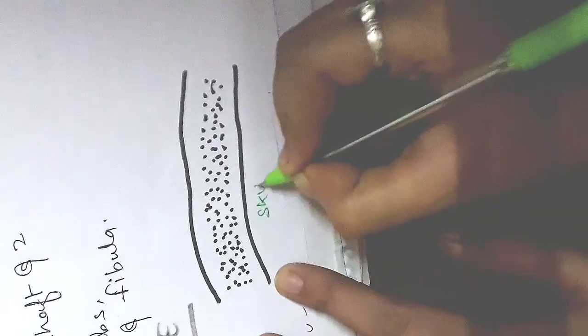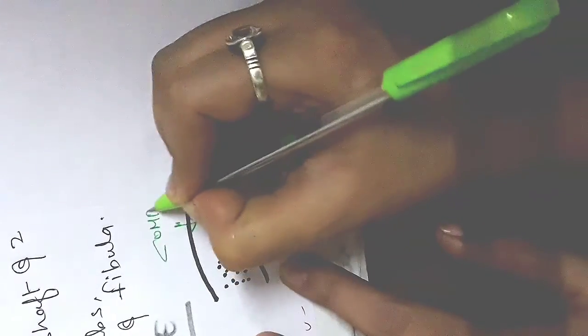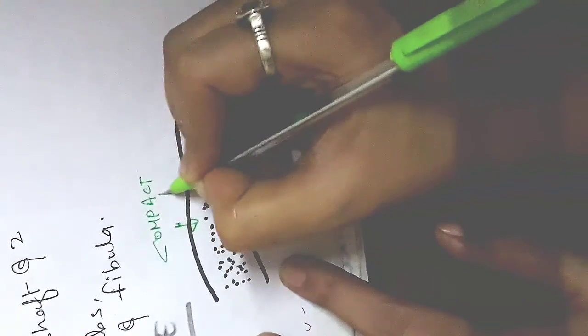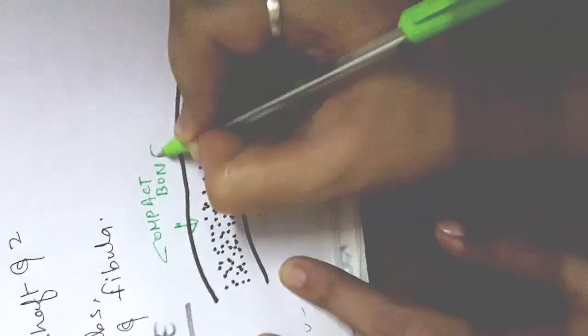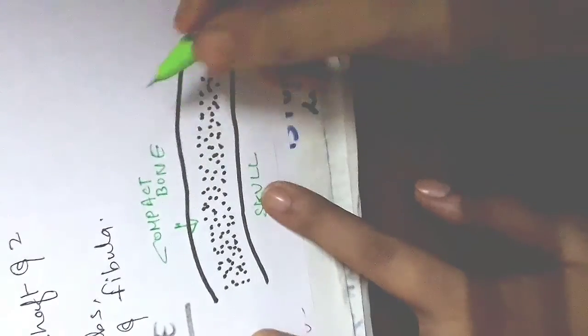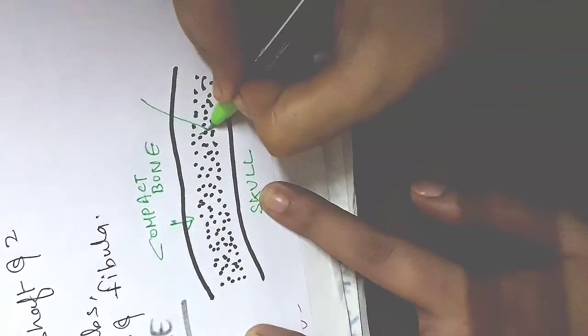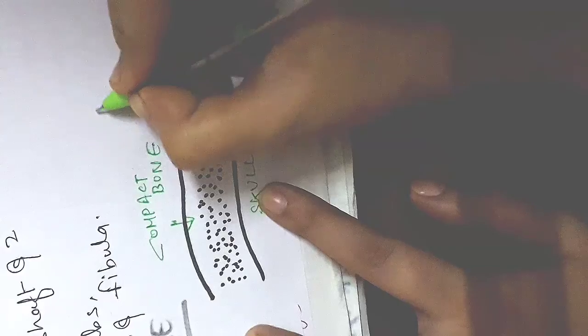This is a flat bone in the skull. This bone is made up of compact bone, and the inner part is made up of spongy bone.